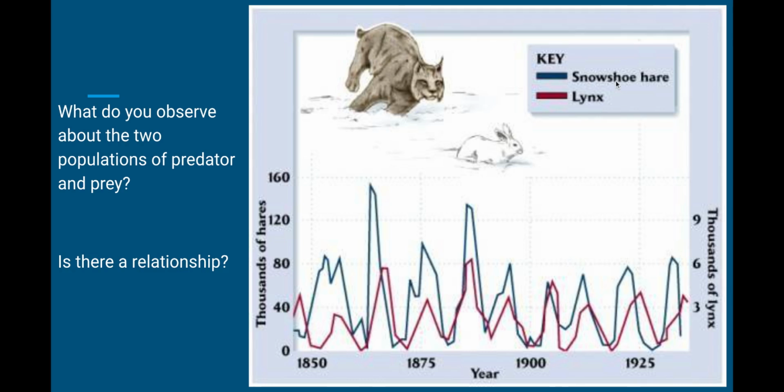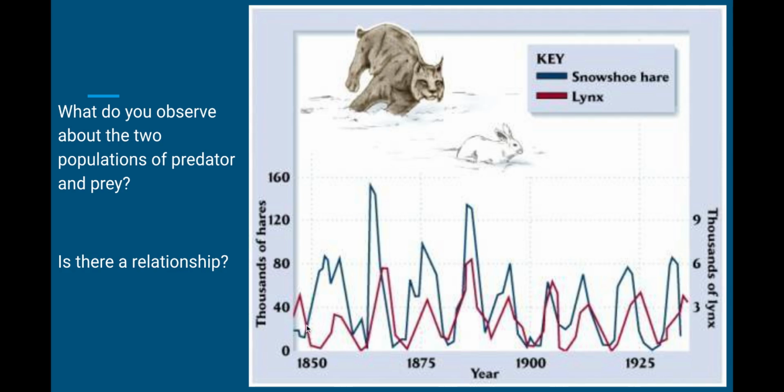Check out the difference between the snowshoe hare and the lynx. Notice that when the lynx population is up high, the snowshoe hare population is low. That's because there's too many lynx, there's too much hunting going on. But once the lynx population starts to die off, you'll notice that the snowshoe hare population starts to increase. And this happens over and over based on what's happening in the environment.